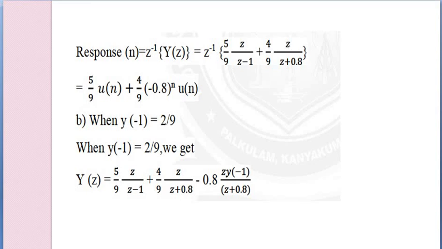So we get 5 by 9 z divided by z minus 1 plus 4 by 9 z divided by z plus 0.8 minus 0.8 z times y of minus 1 by z plus 0.8. Here, substitute y of minus 1 equal to 2 by 9.